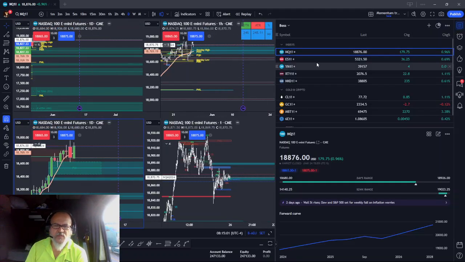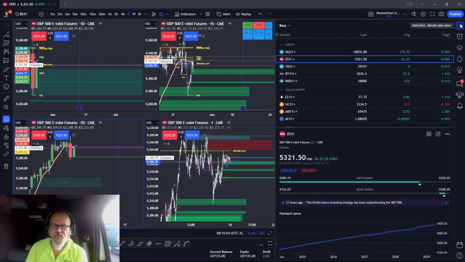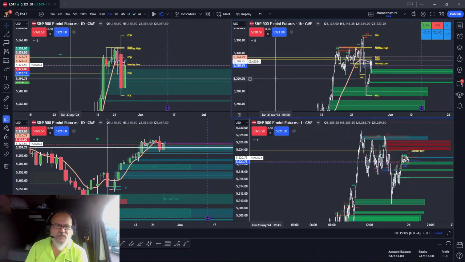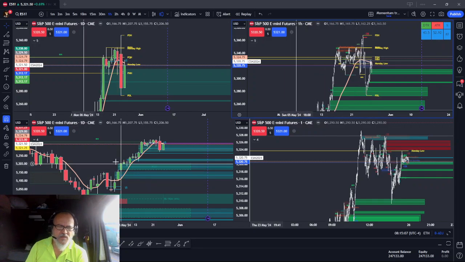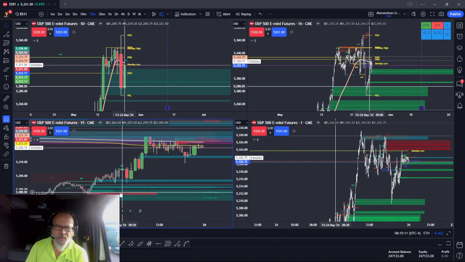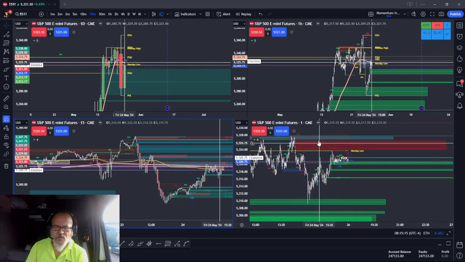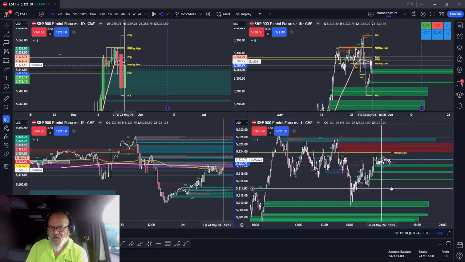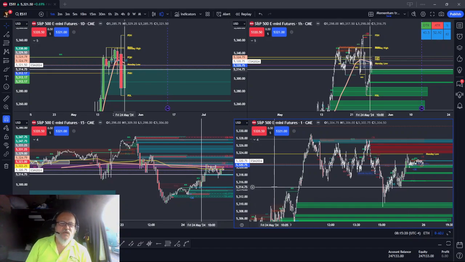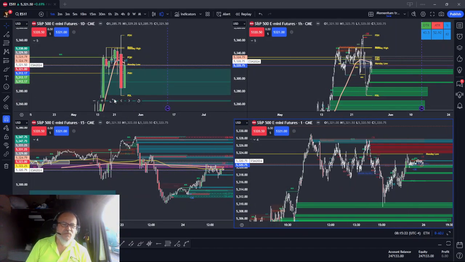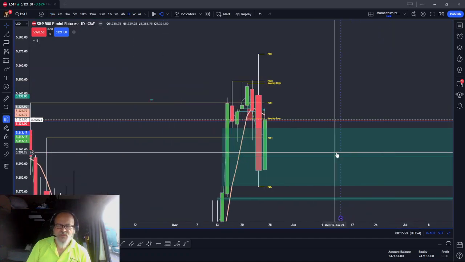All right, and we will go to the ES again. So 1 hour, daily, that's 15-minute. And this is the 1 minute for trading. All right, so let's get back to what we were doing. I did not see what I thought I saw.